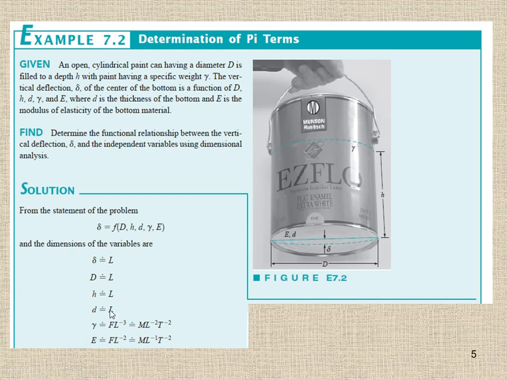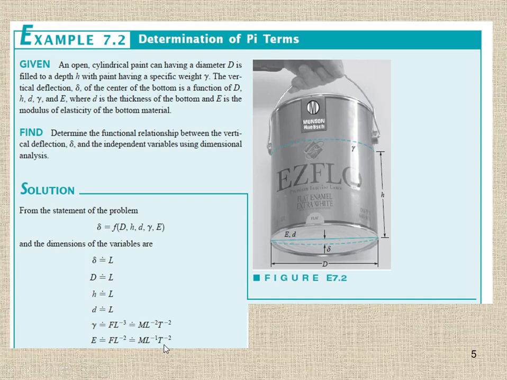The weight is a force, so when you replace force in terms of mass, it finally ends up as M L to the minus 2 T to the minus 2. Out of the 6 variables, 4 have the same dimension L, and in the MLT system another fundamental dimension appears, that is time.